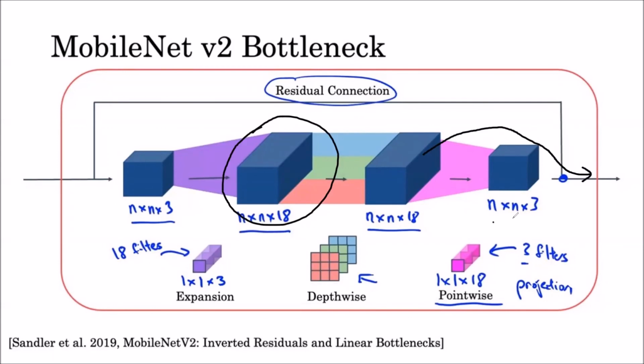So that's why we are shrinking again to n by n by 3 and forwarding it. This structure gives a very good way, especially for memory, for devices which have less memory, like mobile CPUs. We can use this MobileNet V2.